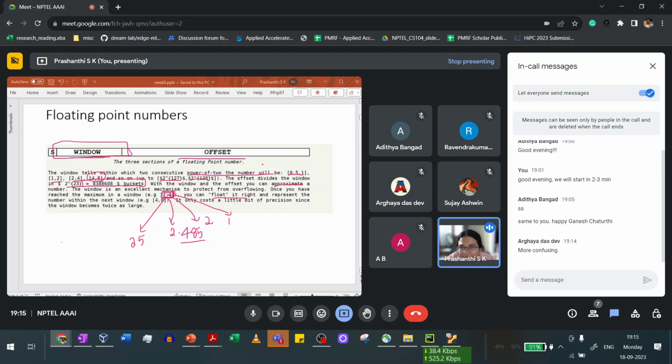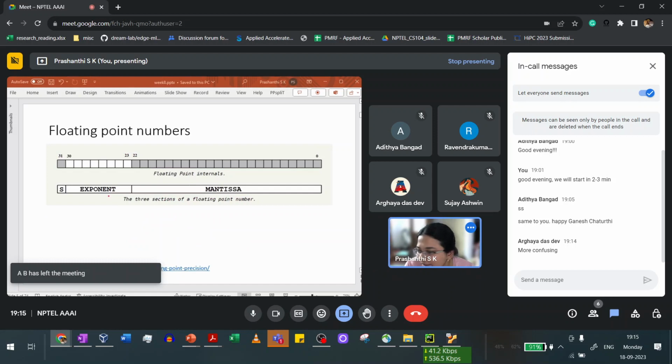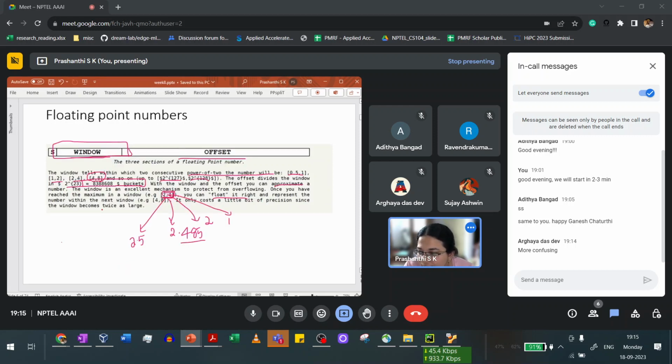So to get a better range you need to trade off or give away something. What we are giving away is the precision of the number. But if this seems very complicated to understand, first go and look at just this representation, try to work out a few examples where you take a floating point number and put it into an FP32 format. Then come back and look at this. Hopefully it makes sense.